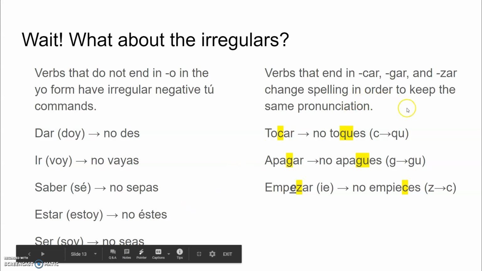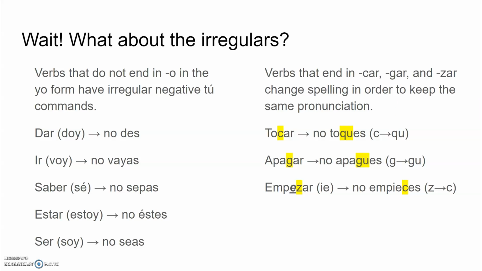And on the right-hand side, we have verbs that end in car, gar, and sar. They are going to do a little bit of spelling changing to keep the same pronunciation. Once again, if you remember back to our beautiful preterites, we have the same family here where car, gar, and sar will change spelling. So verbs that end in car, the C is going to change to QU.